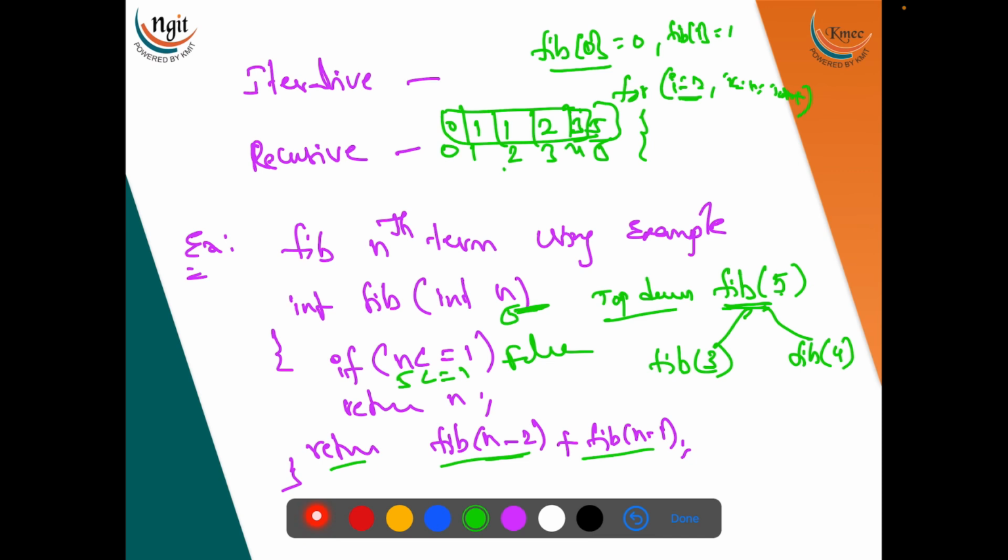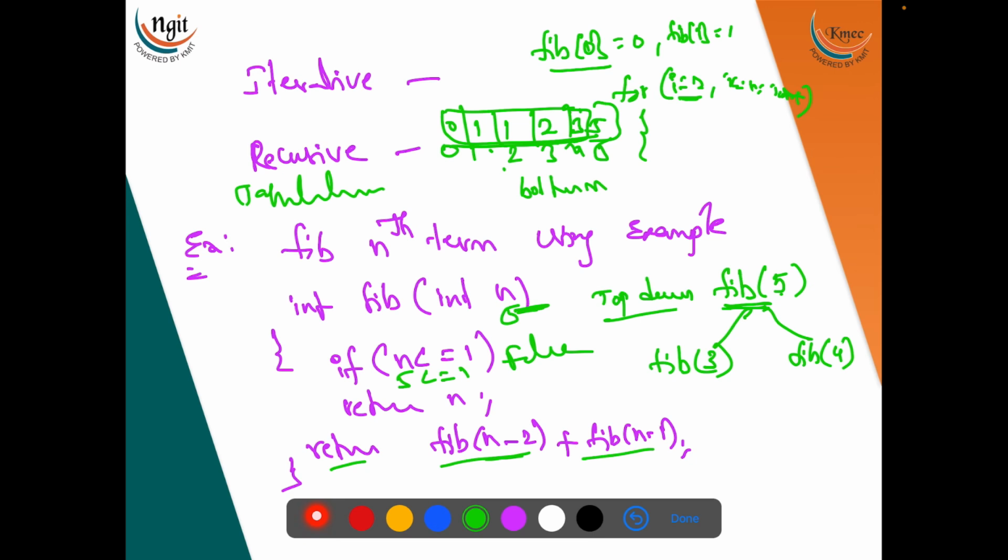That means to find this 5 value, we will go with the bottom up approach, correct? So iterative is the bottom up approach, and iterative is also called the tabulation method. So the tabulation method is what? We will make some table and we'll update the Fibonacci values in it.